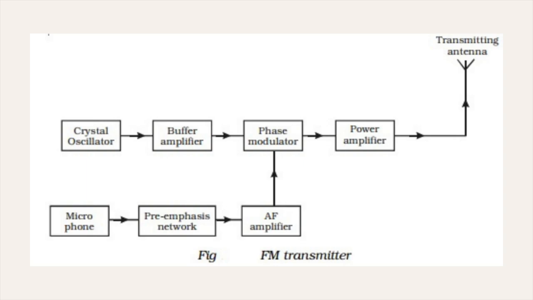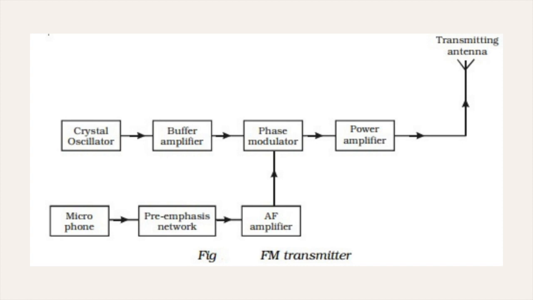This whole process consists of a crystal oscillator which produces the carrier wave, and the output of this is fed to the phase modulator. The buffer is a low frequency amplifier which isolates the crystal oscillator from the phase modulator. The modulating signal is produced from a microphone. Since this AF modulating signal has uneven power, it is fed into a network called the pre-emphasis network, where all the frequencies in the modulating signal are made to have equal power.